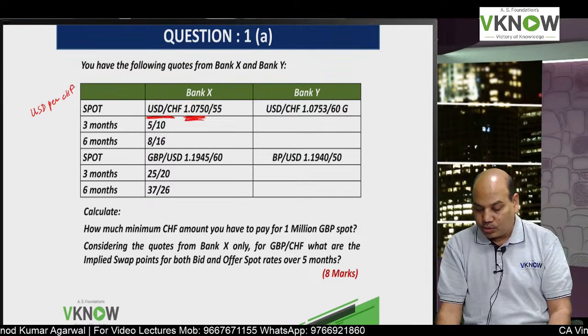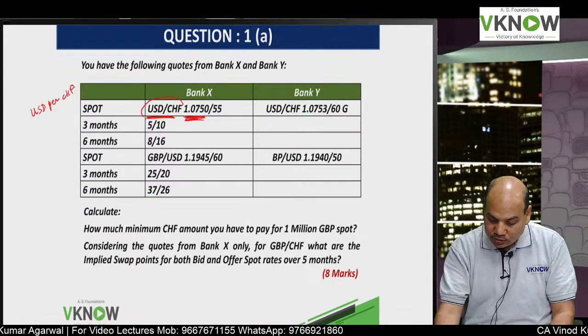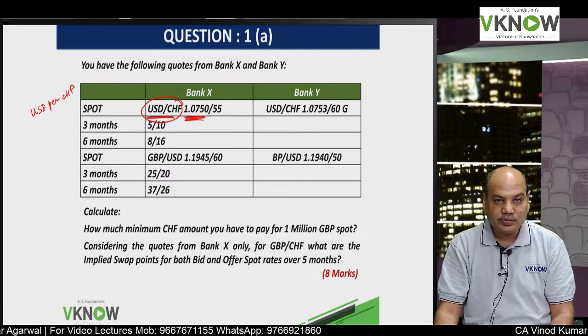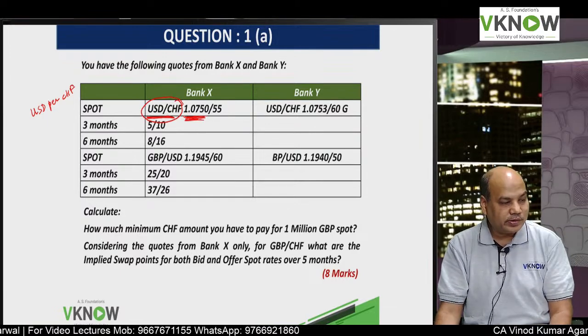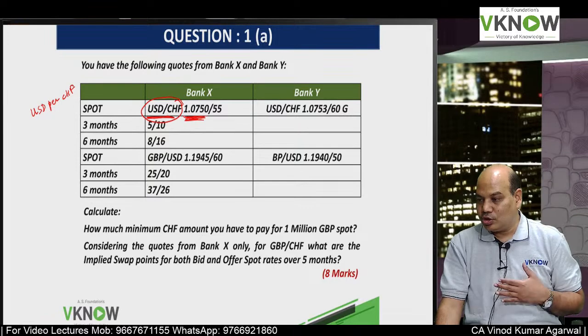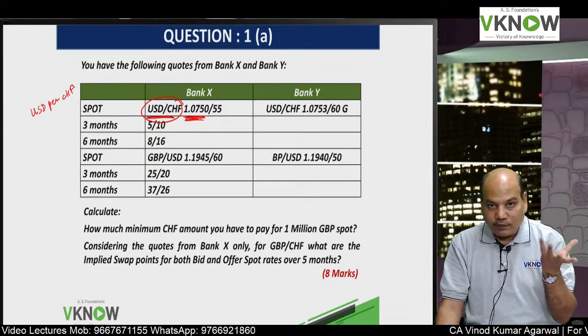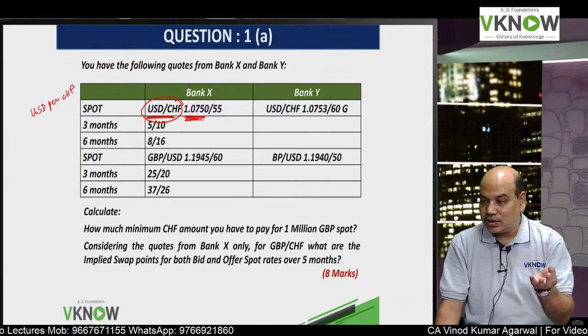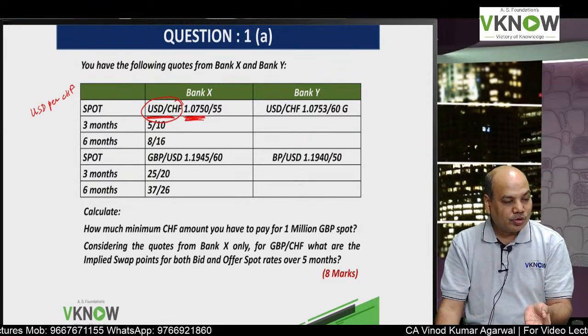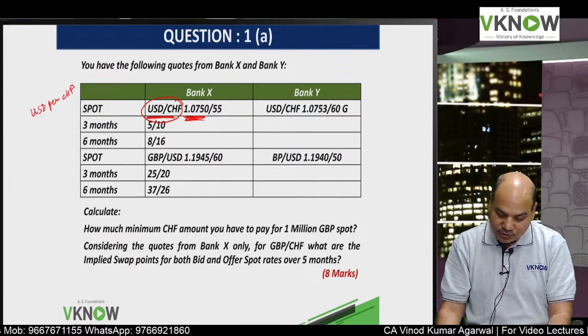So it should have been CHF per USD, but they have written USD per CHF. You are a student in the exam, and not everybody knows whether CHF is more expensive than USD or USD is more expensive than CHF.